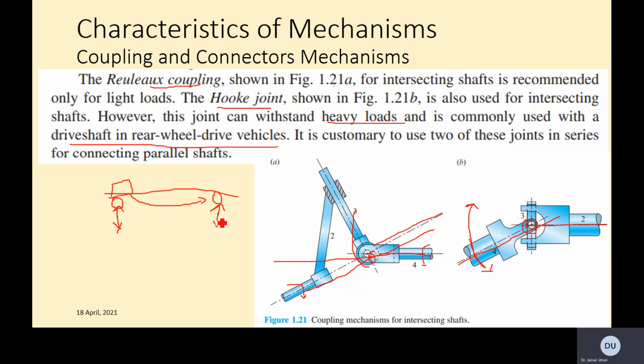To avoid that, one of these hook joints is used. If you see heavy duty trucks and rear wheel drive vehicles, you will see below such combinations where such shafts or joints are used. It's customary to use two of these joints in series for connecting parallel shafts. It really depends on the number of combinations that can be employed.